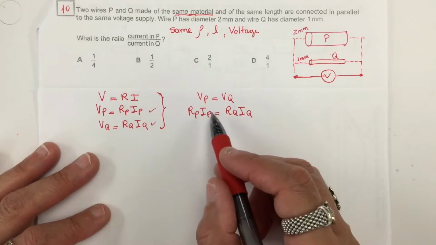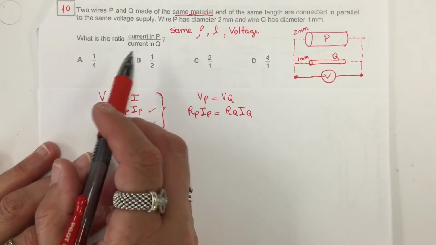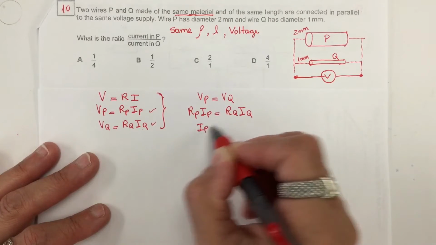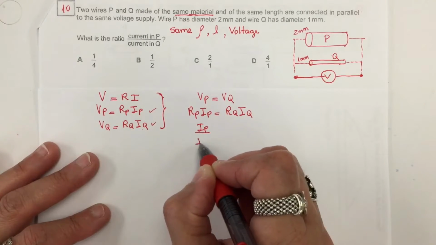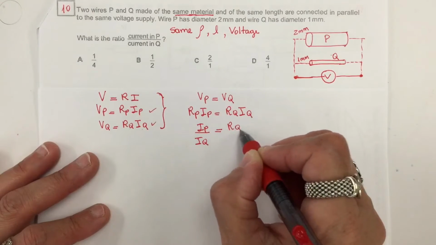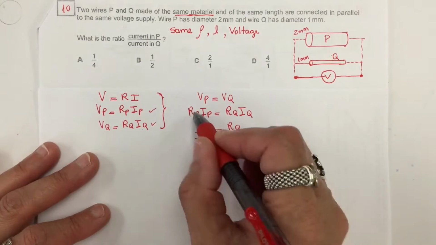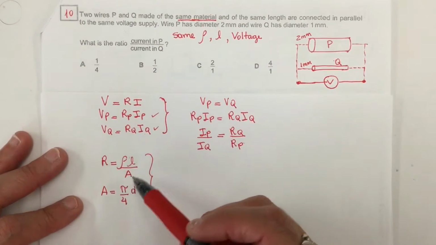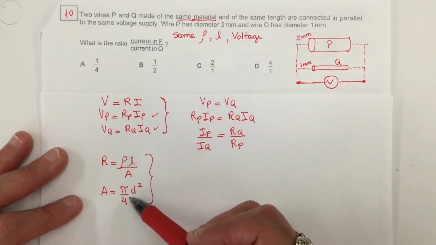I want to isolate the current to look like this. So I will keep IP here, move IQ down here, and RQ I will keep this way, and I move this one down.